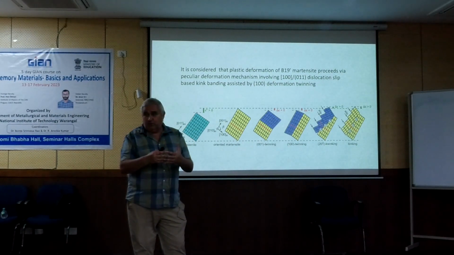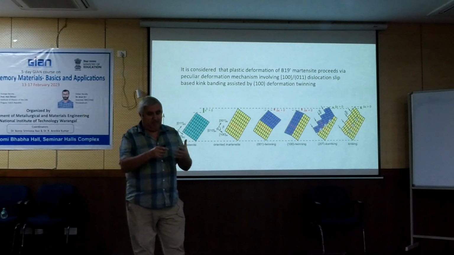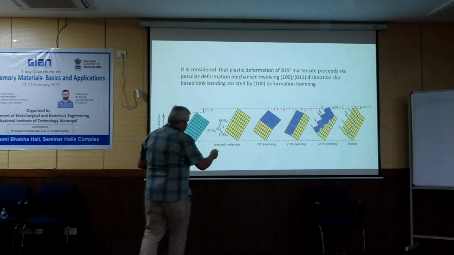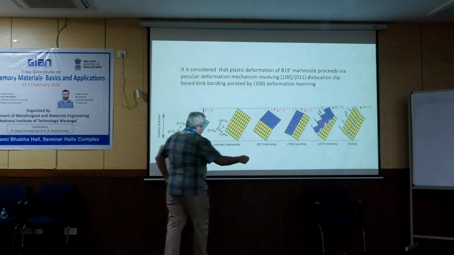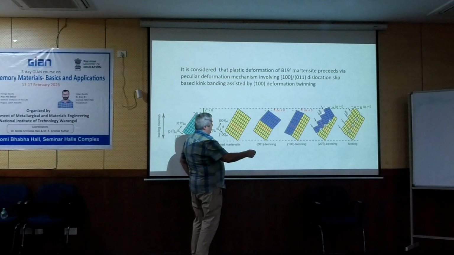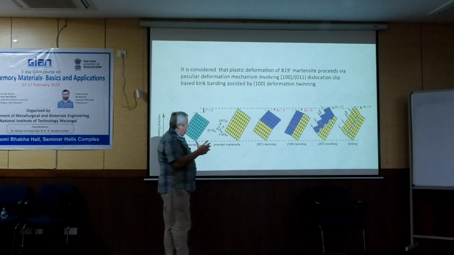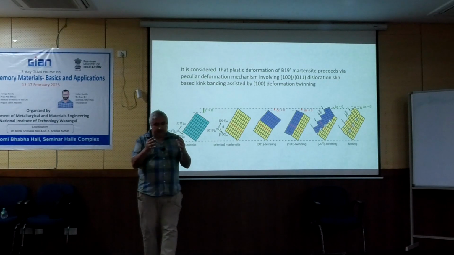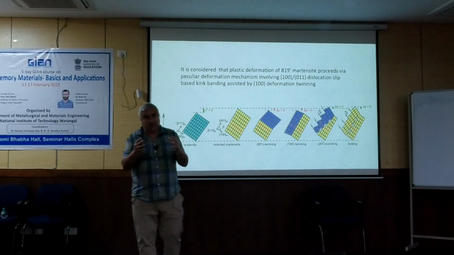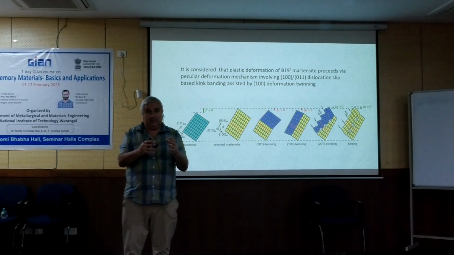So what we do is, now here the strain is a combination of twinning and dislocation kinking, which is a dislocation based process. So we don't have a limited set of finite strains because we can add this dislocation slip.